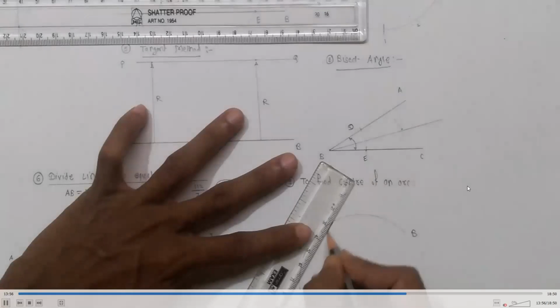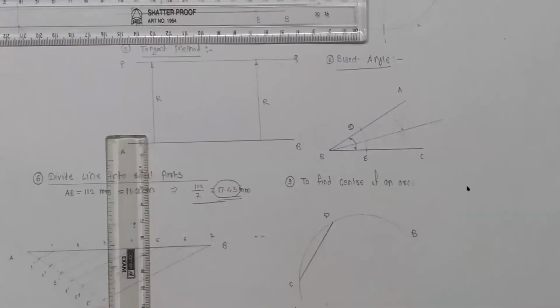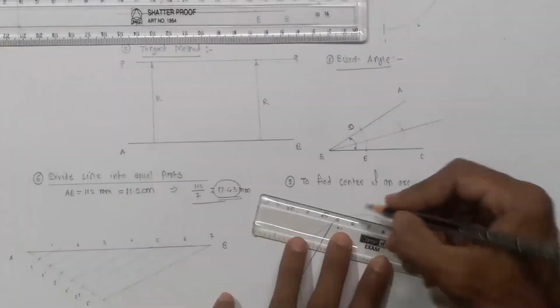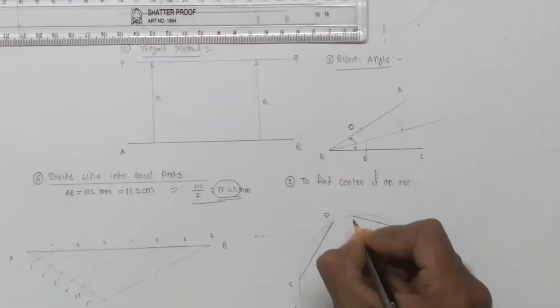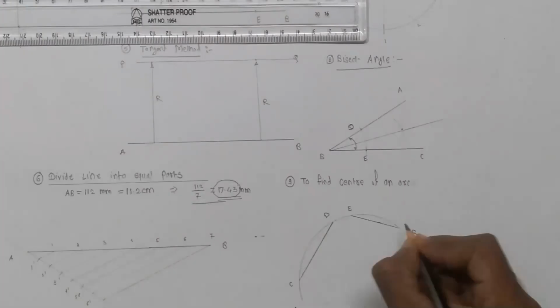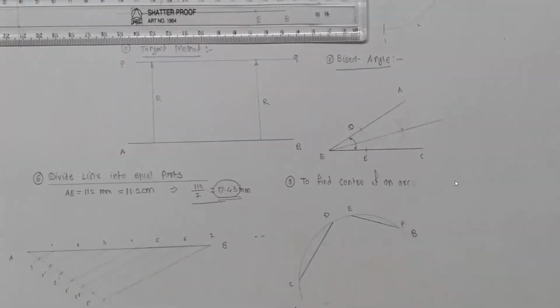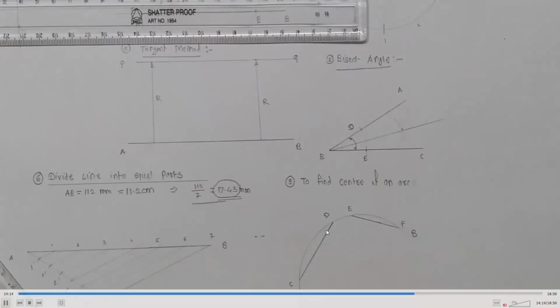So this is the first chord, that is chord CD. Draw the second chord. So this is the chord EF, and bisect the chord CD and chord EF.